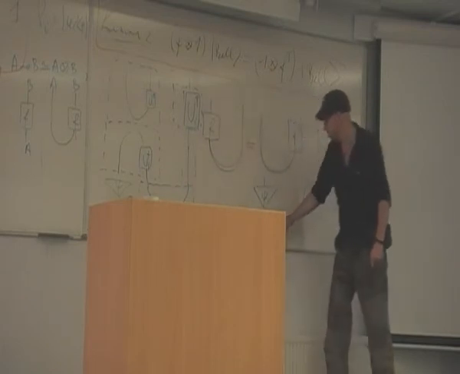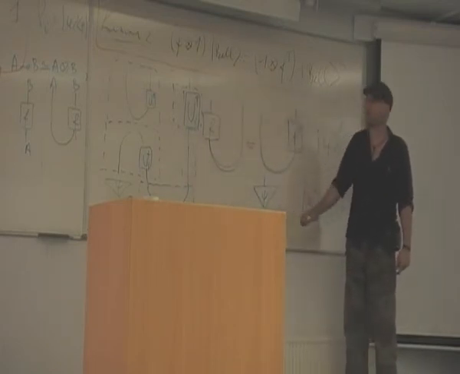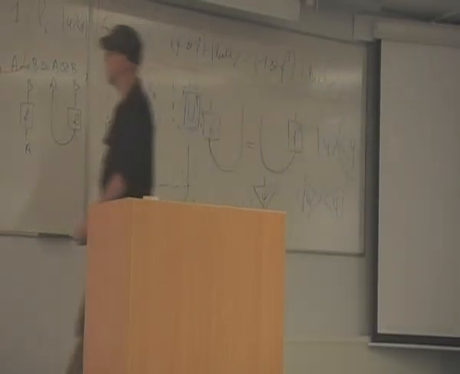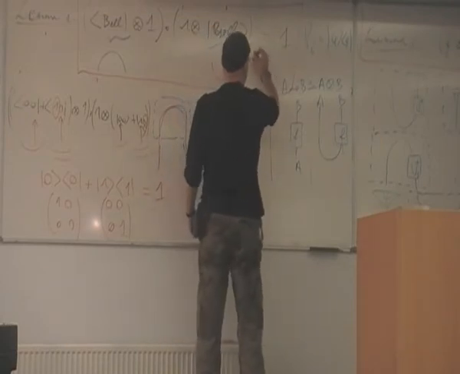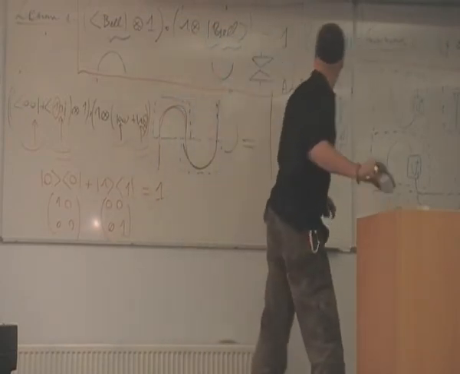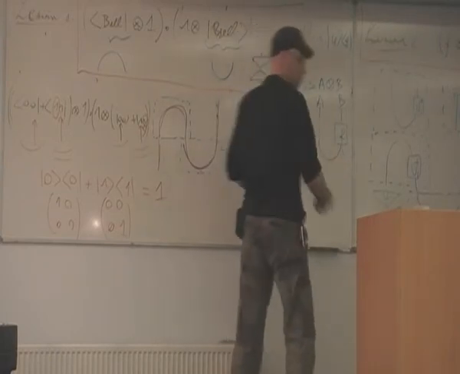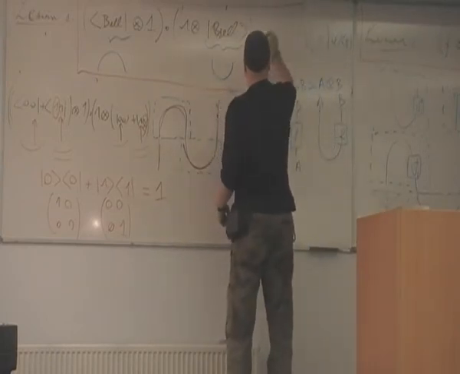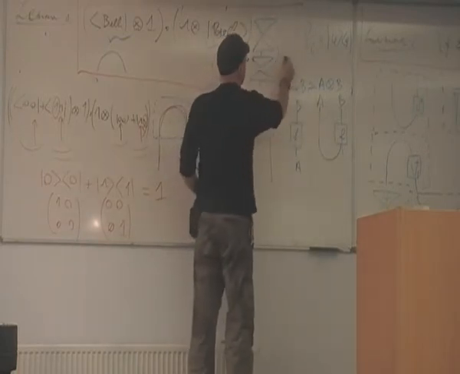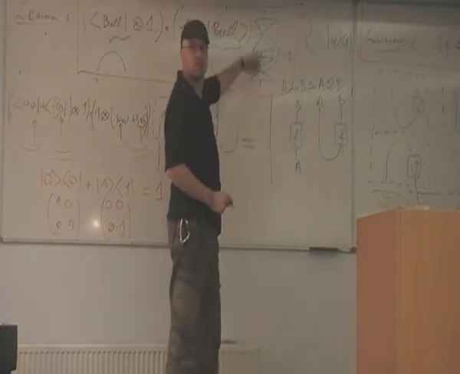And as a whole, this thing is a projector, because if I compose this with itself, this is basically the same thing as Dirac notation. If I compose such a thing with itself, and this thing is normalized, then this is 1, because it's just the inner product. So it's a projector.